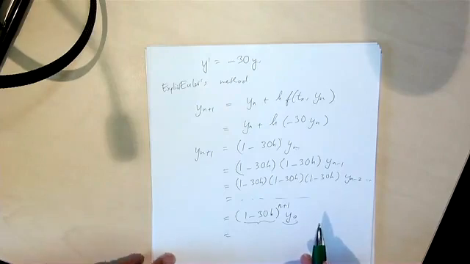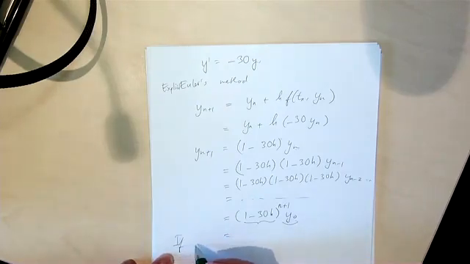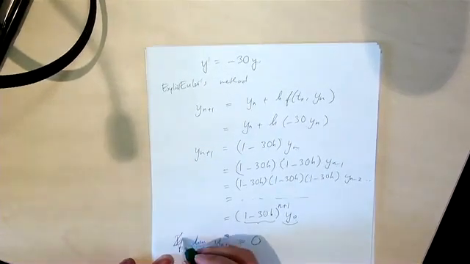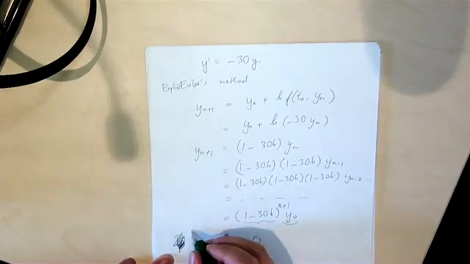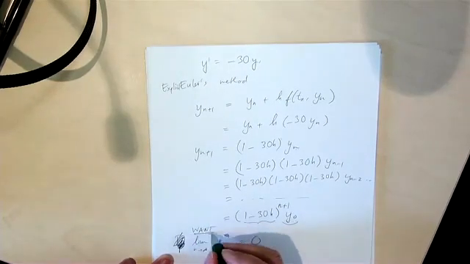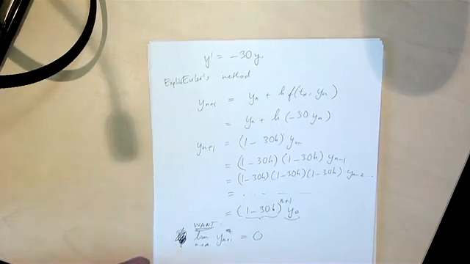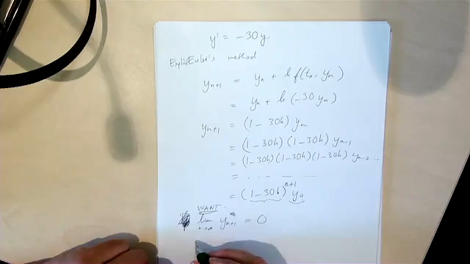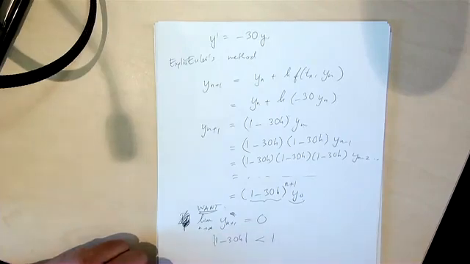Yes, it depends on how big h is. But if you want the limit of y n plus 1, when n goes to infinity, to go to 0 — and you want that because the exact solution goes to 0 — then we have to force 1 minus 30h in absolute value to be less than 1.